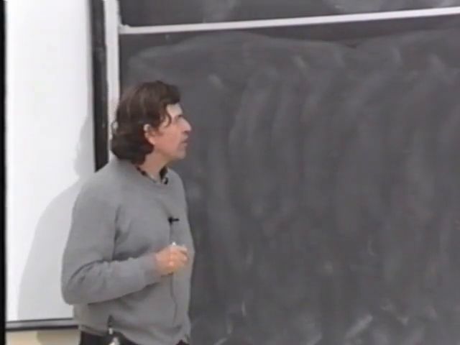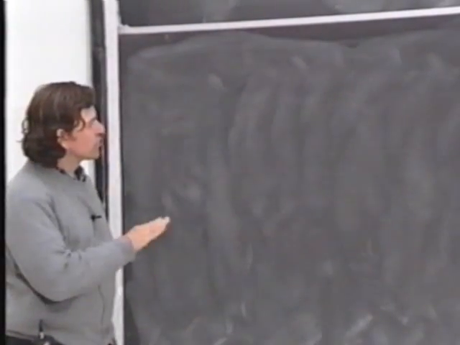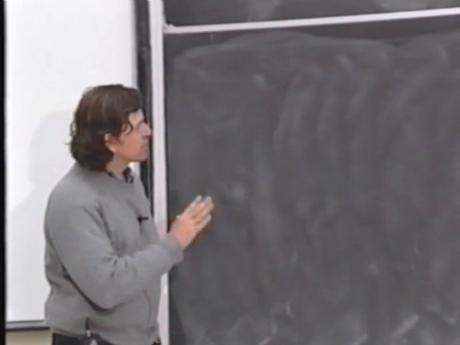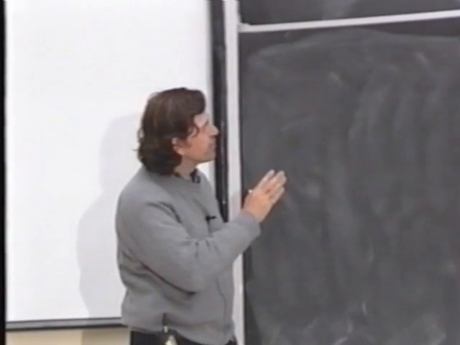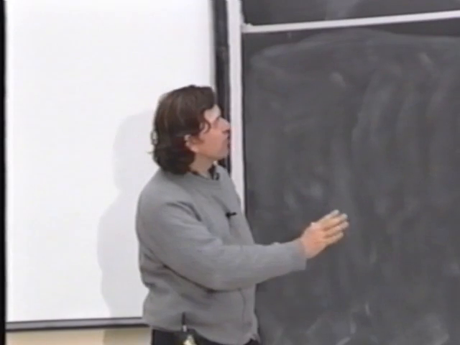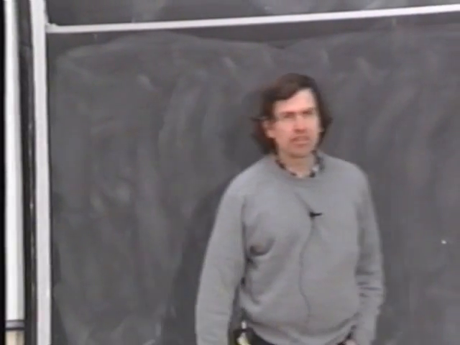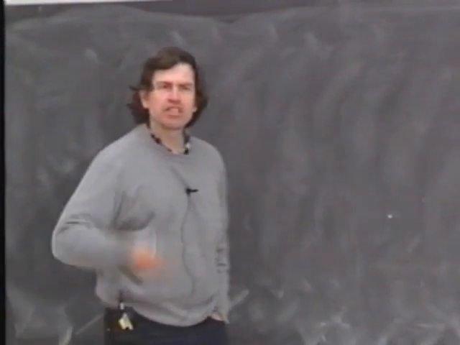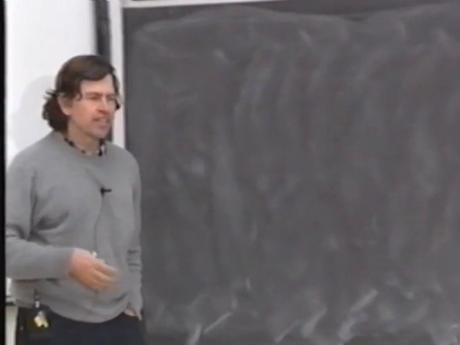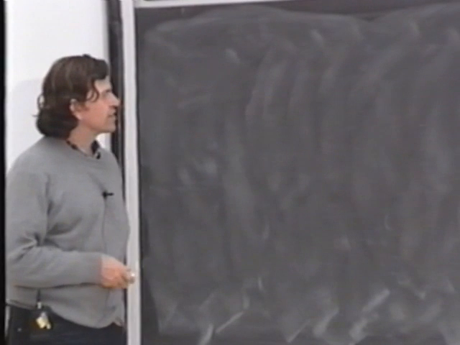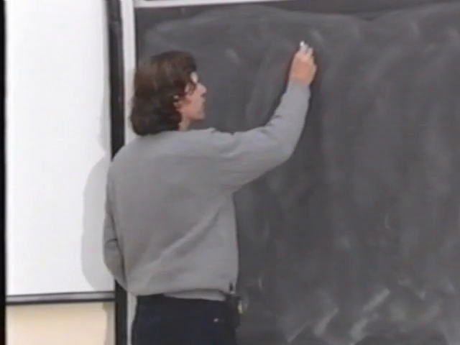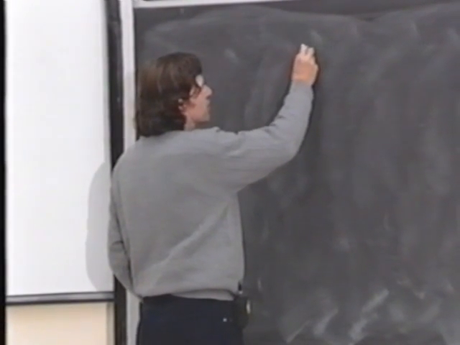So to begin, I want to give some idea of what are all the possible examples of three-dimensional manifolds, and how close are we to really understanding all of them. So it's been known for quite a while.